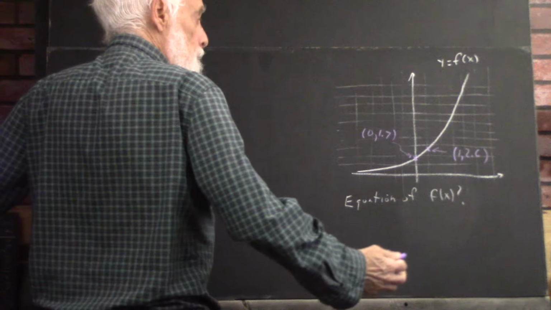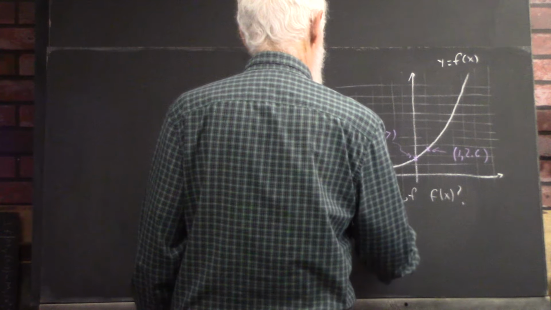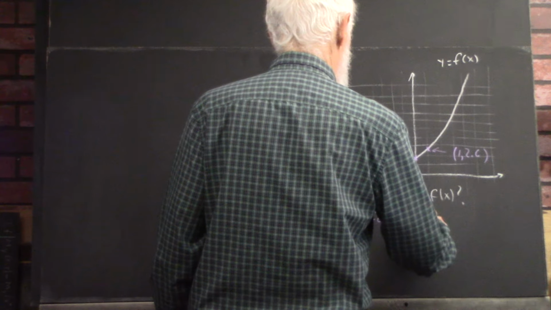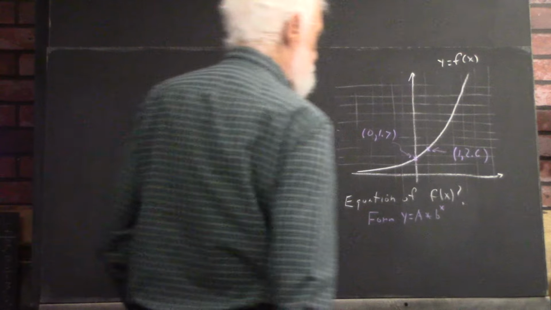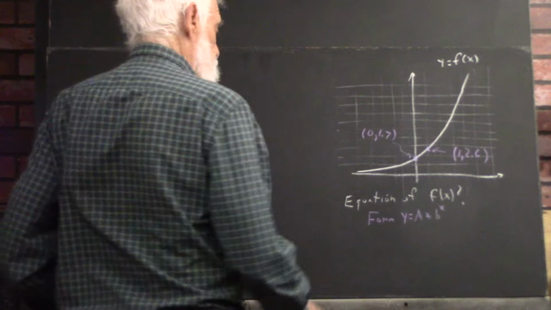Okay, how do we get the equation? Well, the form's going to be y equals a times b to the x, so we're going to get 2 simultaneous equations here.